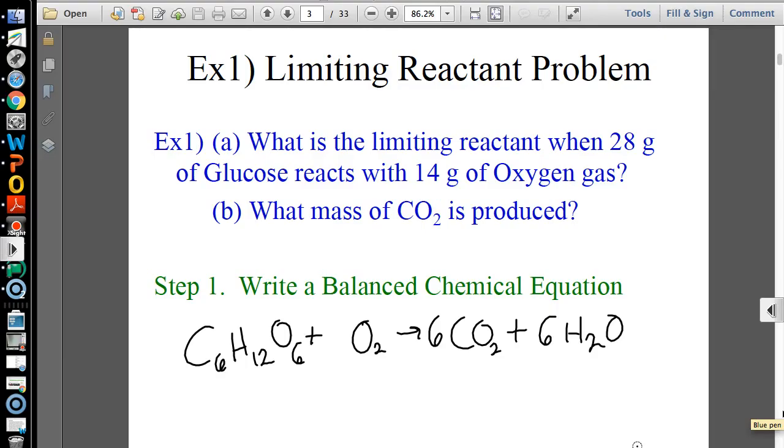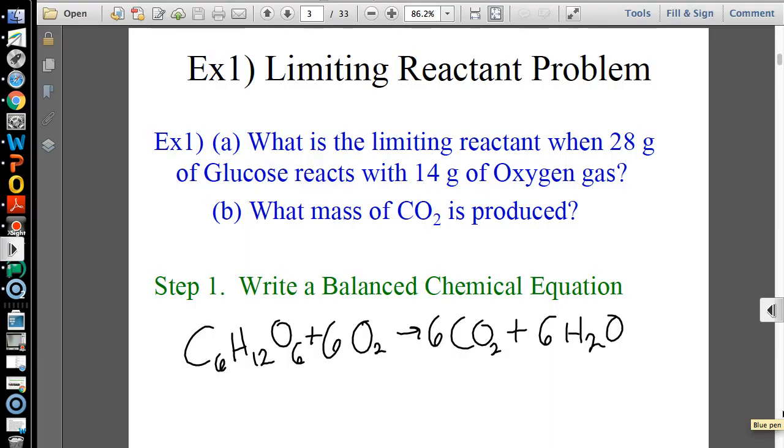Everybody see the 18 oxygens on the product side? It's tempting to just put a 9 here, but be careful, because the glucose has oxygen too. I need 18 oxygens on the reactant side. I have 6, so now I need 12. If I put a 6 here, that balances it.